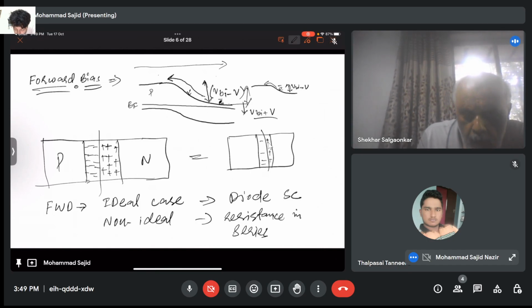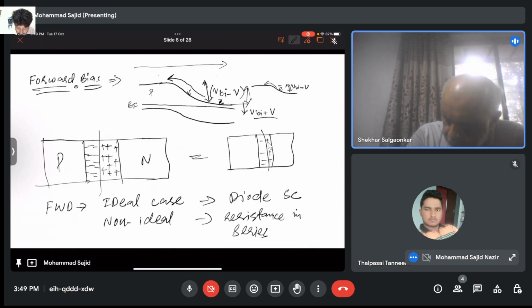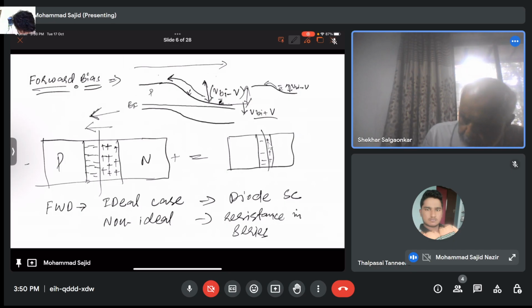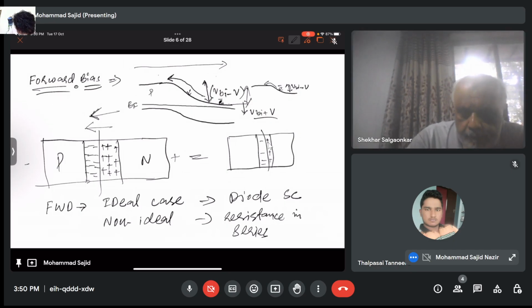Similarly, what will happen in the reverse bias? See here. Now you have negative potential here and positive potential here. It will aid this electric field, right? It will increase this electric field and limit the current passing through the device.